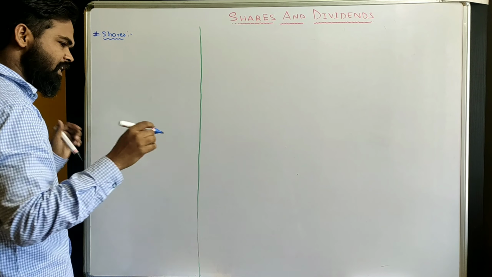Now look at the second part. Find the market value. We have this. So from there, can I write the market value of each share is total investment by number of shares? Am I clear?